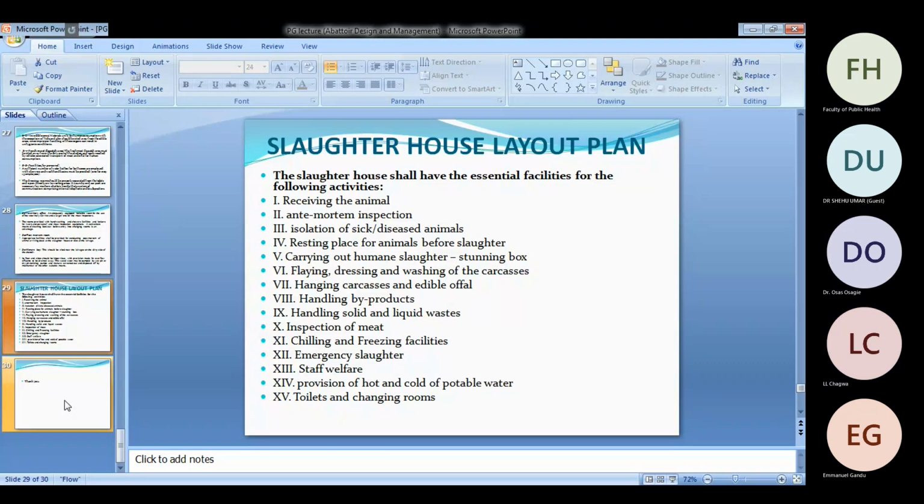Then, isolation of sick animal is an activity. Where do you conduct isolation of sick animal or diseased animal? Hello? Where do you do isolation of sick and diseased animal?